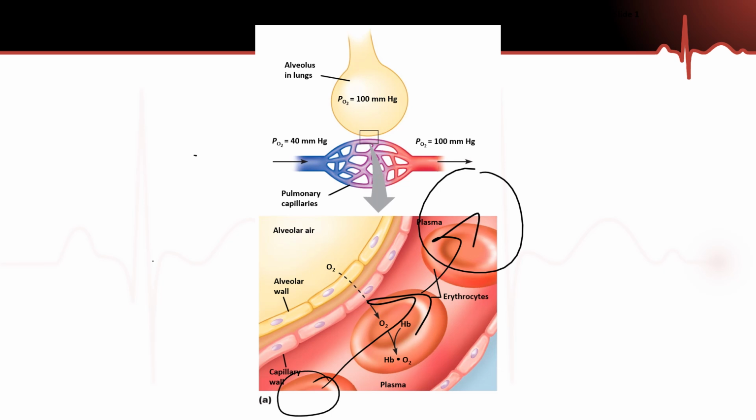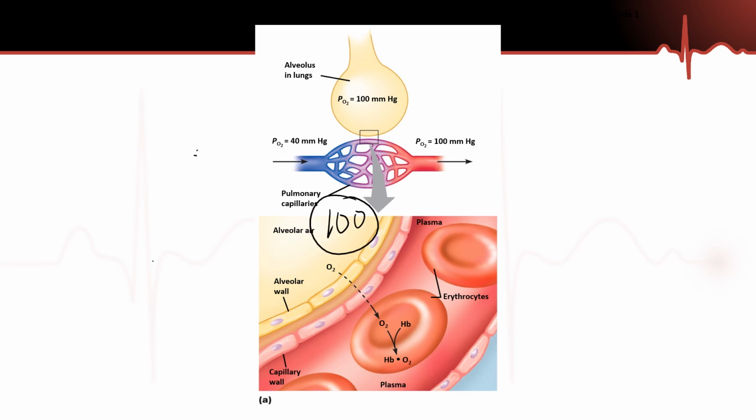Now, what does oxygenated blood actually look like? Okay, so if you look at oxygenated blood, just to look at it structurally, first of all, the partial pressure of oxygen within the air in the alveoli is still going to be pretty much 100 millimeters of mercury.